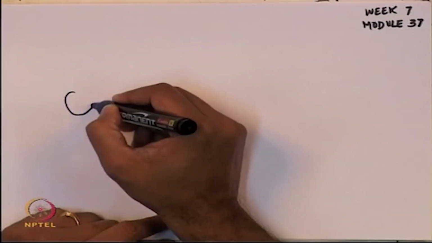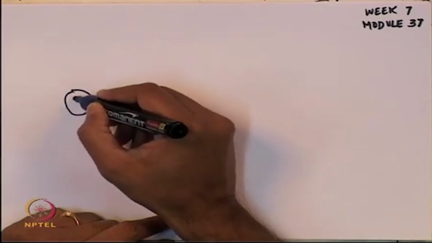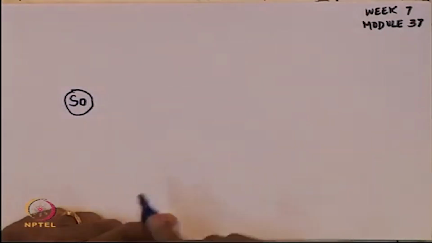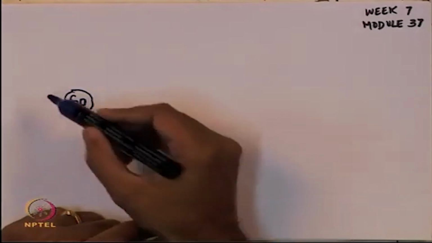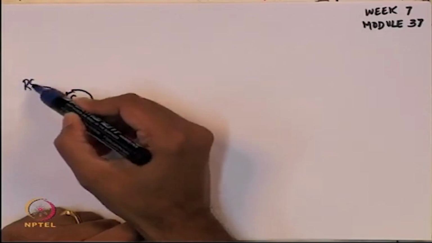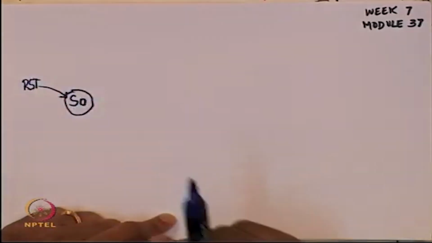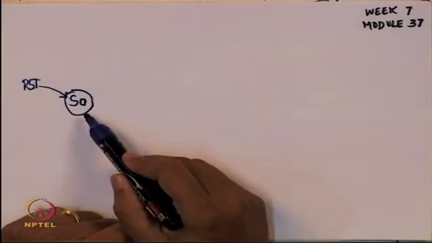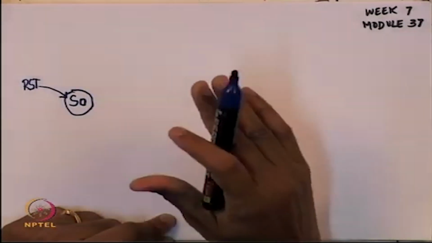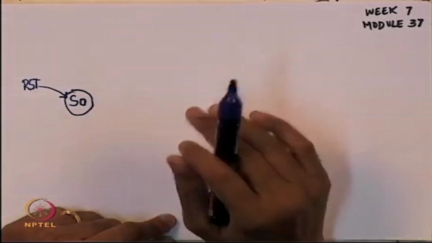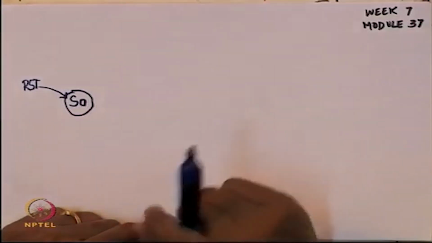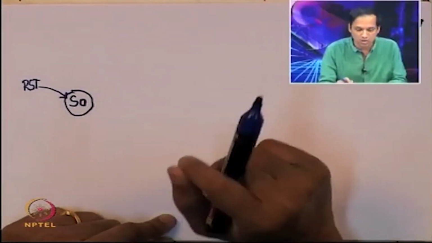I am going to start with the initial state. I am going to call the state S0. S0 is supposed to be an initial state, and when I reset the machine or when I do a start, the state machine is supposed to come to the reset state. Remember the protocol that we had: the external world will place the 2 inputs at in1 and in2, and then will turn on a signal called go.